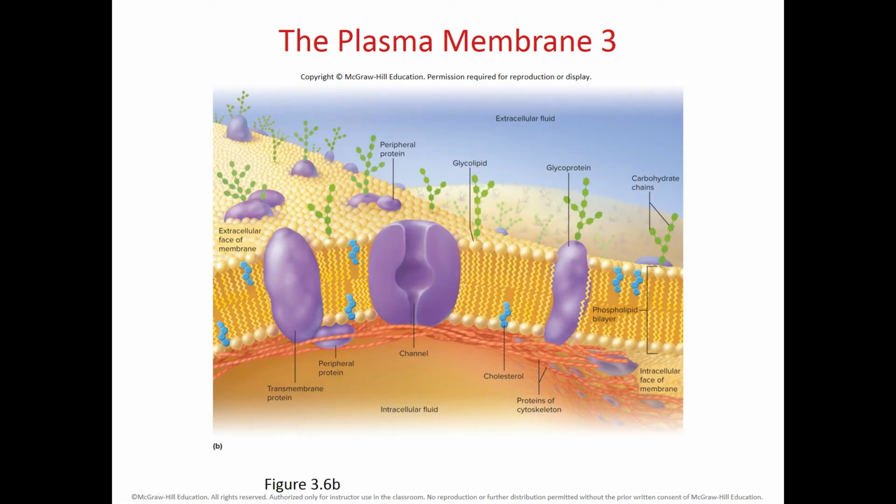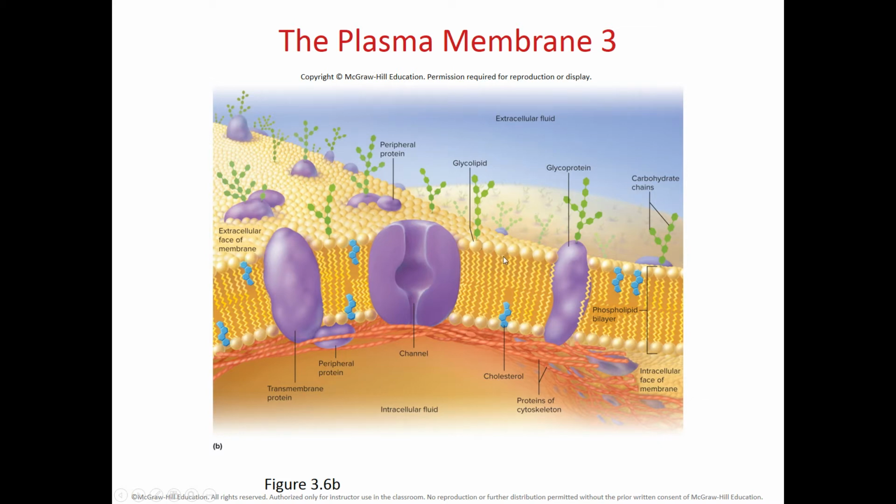If you see this cartoon of the plasma membrane, you can see some of the components. The majority of the plasma membrane is made out of phospholipids, which have two fatty acids connected to a phosphate group. The fatty acids, as we saw in the previous chapter, are hydrophobic because these are lipids, and the phosphate group is hydrophilic.